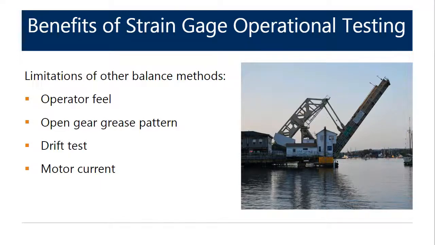You can also analyze the open gearing grease pattern, and if there's contact on the opening face all the way through the gearing, then that indicates a span-heavy balance condition. However, it does not tell you magnitude of balance. It could be 5 kips span-heavy or 50 kips span-heavy. You can perform drift testing, but it's impacted by friction, which may hold the bridge up, or as we discussed before, debris on a rolling flat tread, for example.